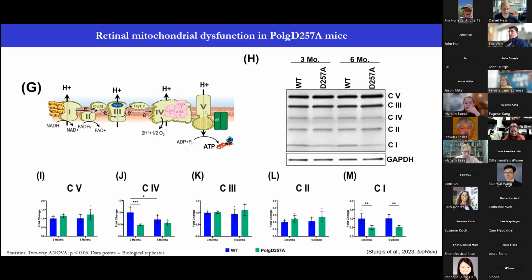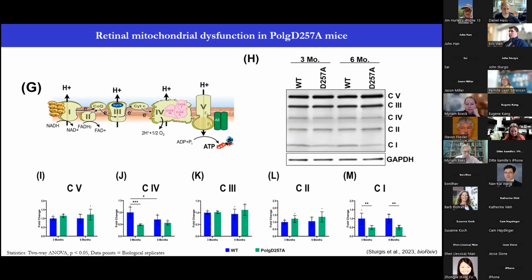So the question is, why don't you see in the young OCR data a 50% reduction in respiration? Yeah, that's odd, right? It's the same time point, and we don't see the reduction in the OCR units at that point.